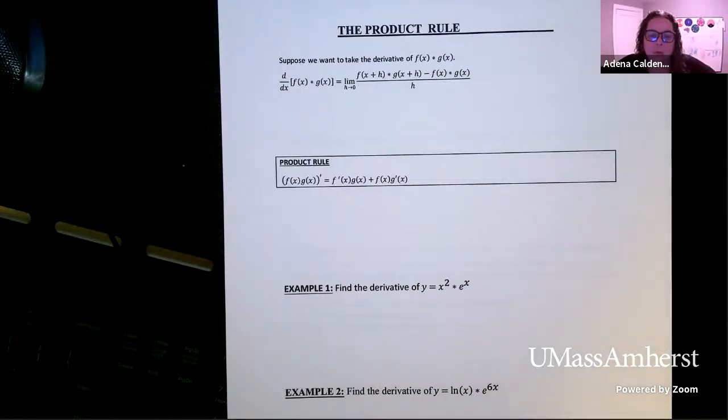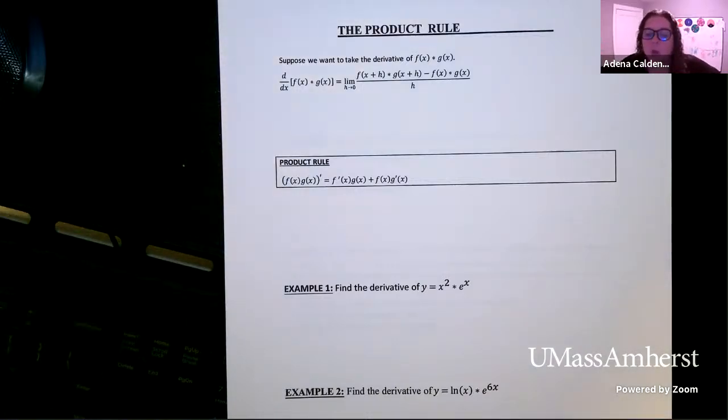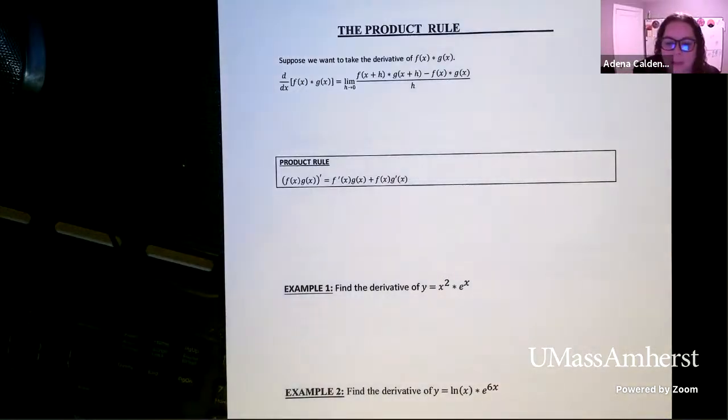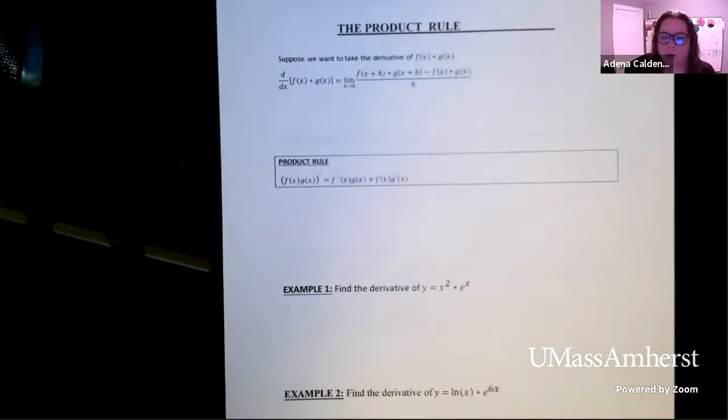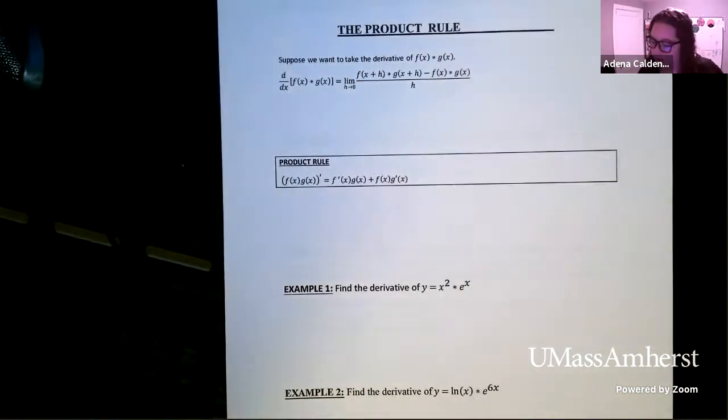The product rule, just like all our other rules, comes from recognizing patterns and formulas. This particular rule does come from the definition of derivative by using limits. I am not going to do the limits out. I don't think that's going to be particularly helpful in this case, but do know that if you were to use the definition of derivative to do the limits, we would get the product rule.